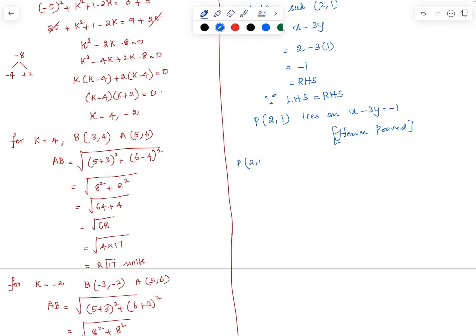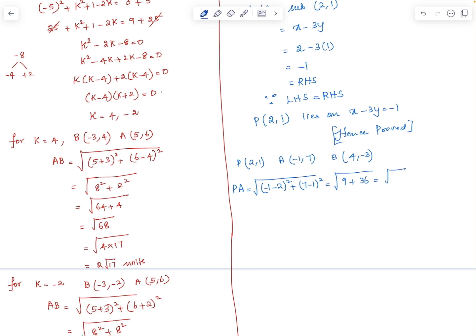Next, we have to find the lengths of PA and PB. P is (2, 1), A is (-1, 7), and B is (4, -3). Using the distance formula, we can get the lengths of PA and PB. So PA is root of (-1 minus 2) the whole square plus (7 minus 1) the whole square, which is equal to root of (-3) the whole square, which is 9, plus 6 square, which is 36, that is root 45, which is nothing but 3 root 5 units.